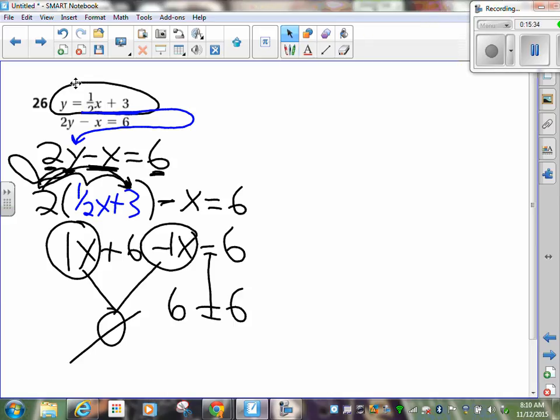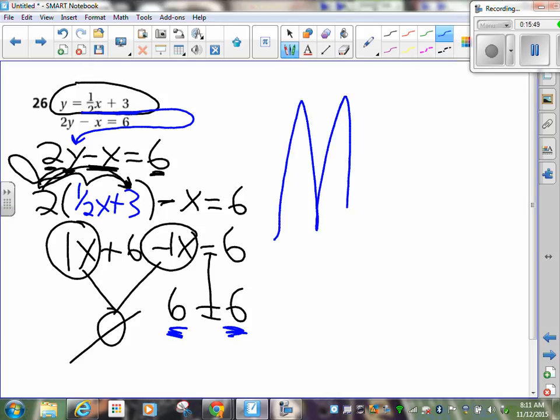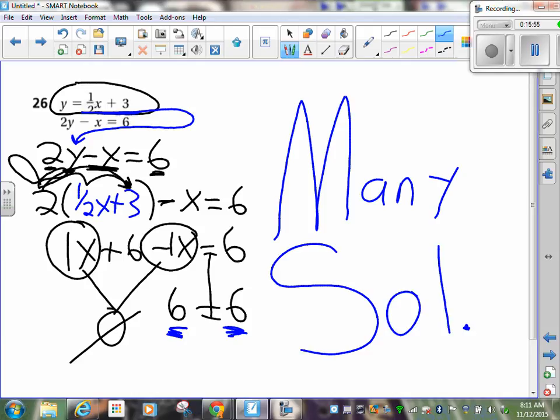Now, ask yourself, take 10 seconds. In your group, with your partner, does 6 equal 6? Yes. Yes. If you can say yes, your answer is many solutions.